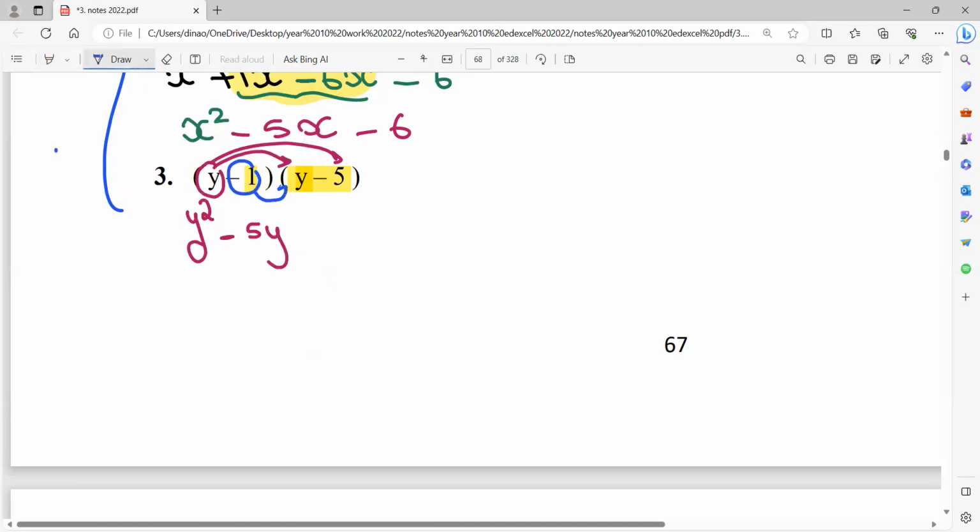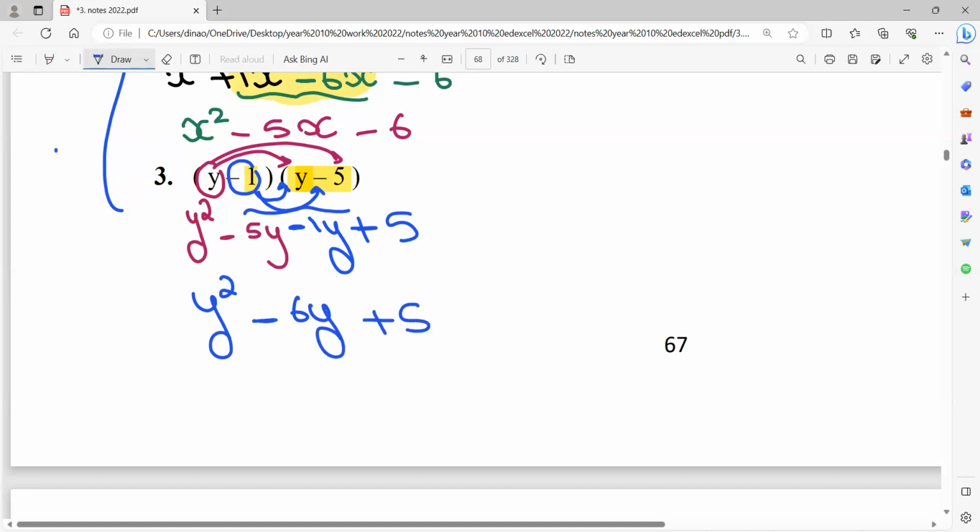So let's see. Negative 1 times y is negative 1y, and negative 1 times negative 5 is positive 5. Collection of like terms, these two together combined, negative 5y minus 1y is negative 6y plus 5. And here goes your final answer.